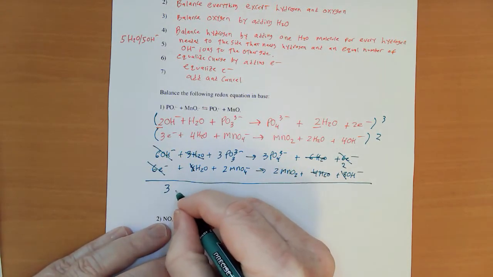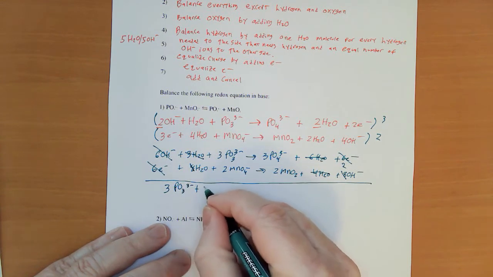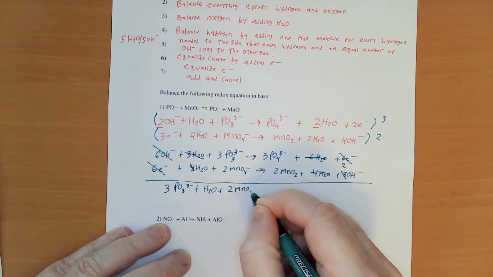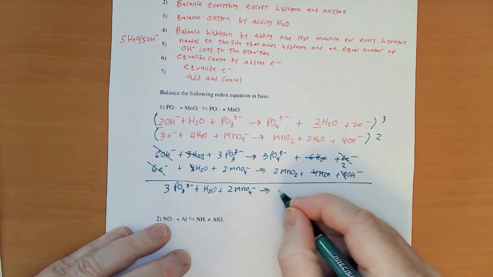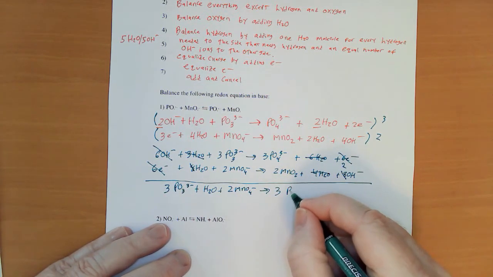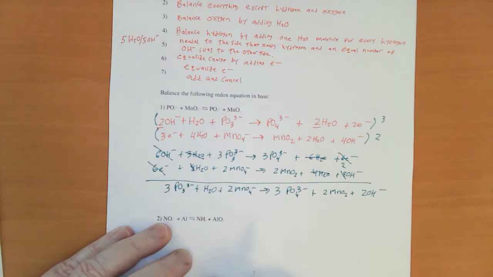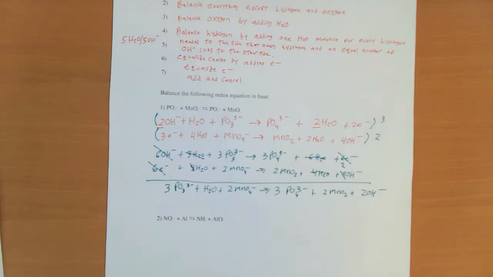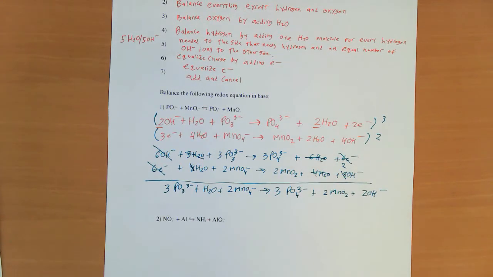So what I'm left with is 3 PO3 3 minus plus H2O plus 2 MnO4 minus to give me 3 PO4 3 minus and 2 MnO2 plus 2 hydroxides. All right, take a second and check that out. Pause the video if you have to, get caught up.